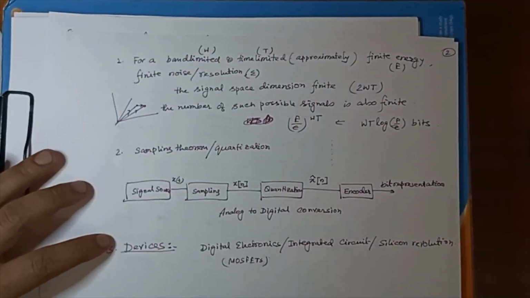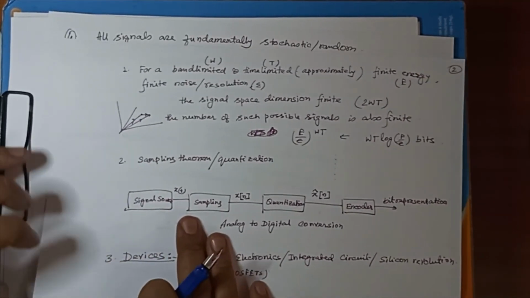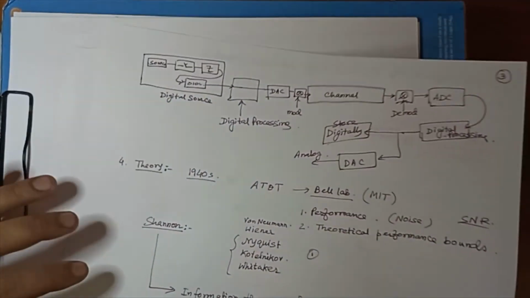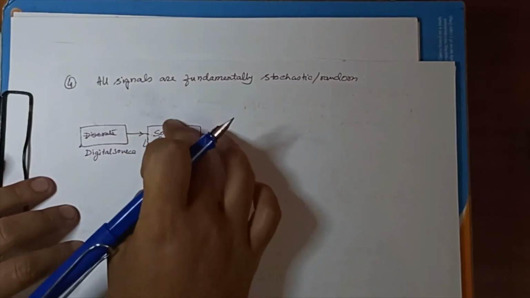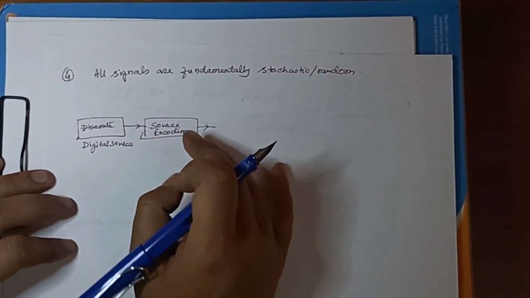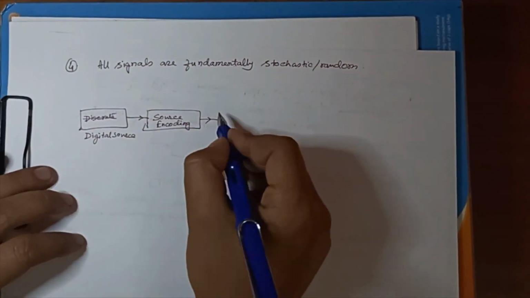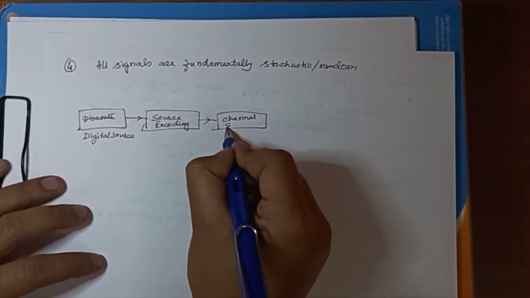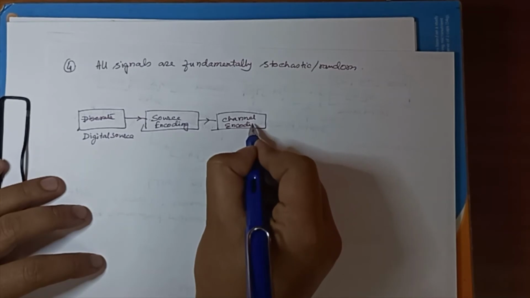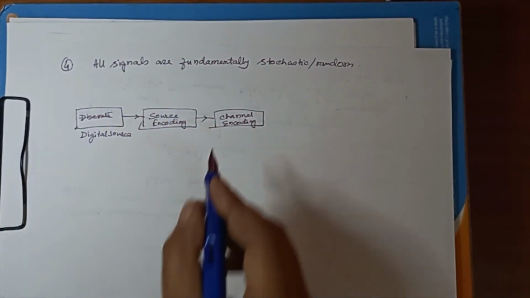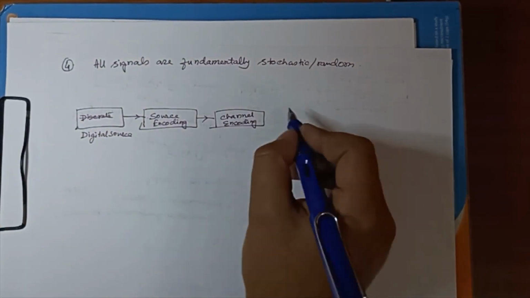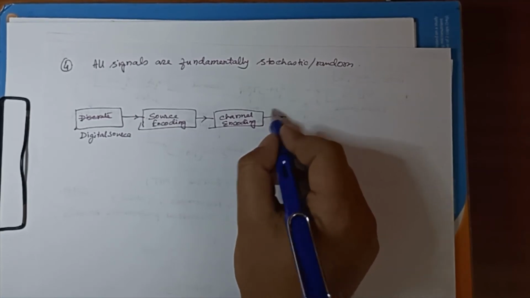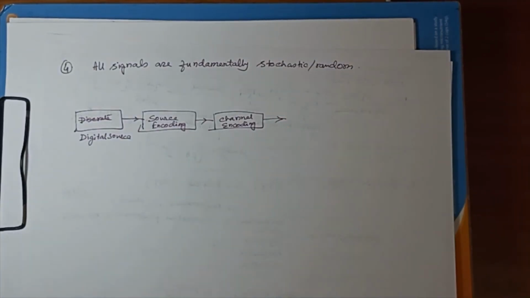To remove this error, what you require is some redundancy. So first, using source encoding, you remove the redundancy. Then there is something called channel coding, where you add some redundancy, but a controlled redundancy, such that the bit stream generated is more powerful against any kind of additive noise.